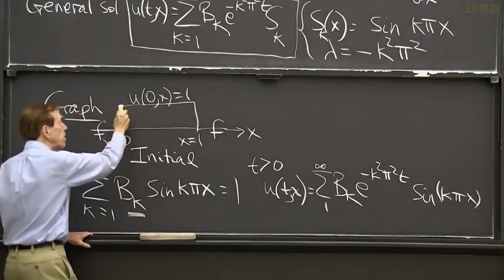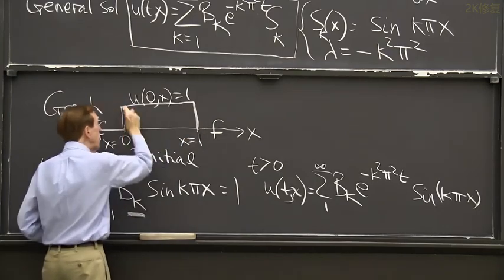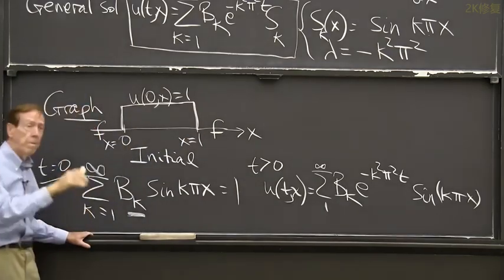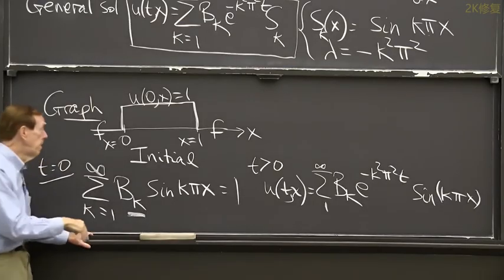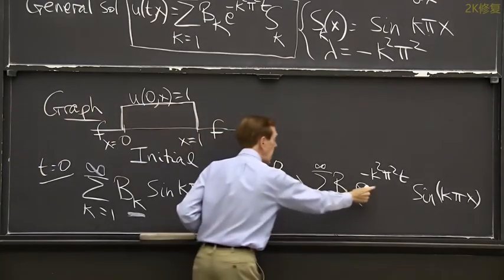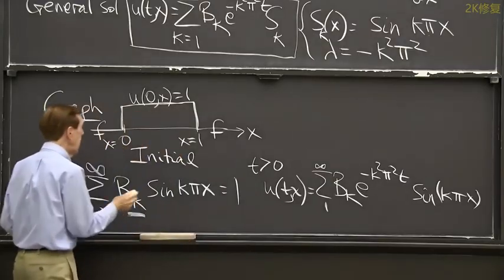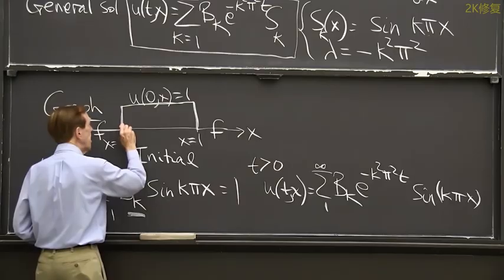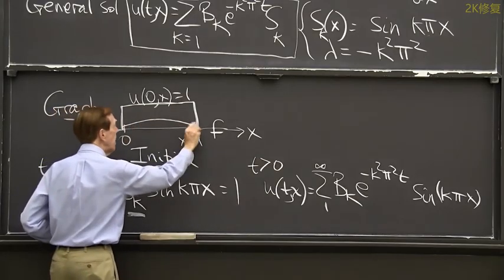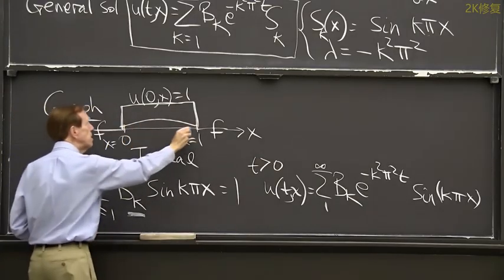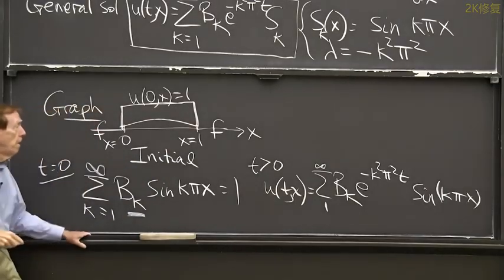So at time 1, if I drew a picture, the temperature starts out through the whole bar at 1, but with this kind of time decay, a little later in time, the temperature is going to be something like that.